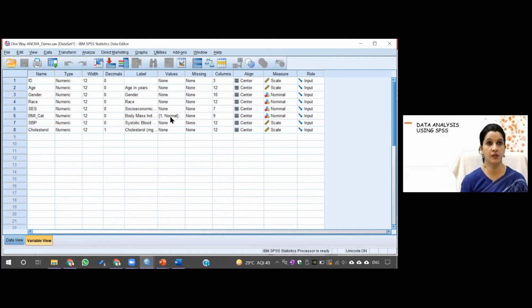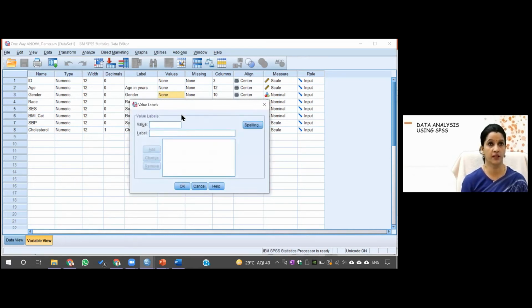This value is for the categorical variable. In this case, there are categories like socioeconomic status, race, and gender, but that coding is not entered here, which should have been entered. So you can write it down, like 1 was for female and 2 for male, although we don't have to do any analysis on gender.